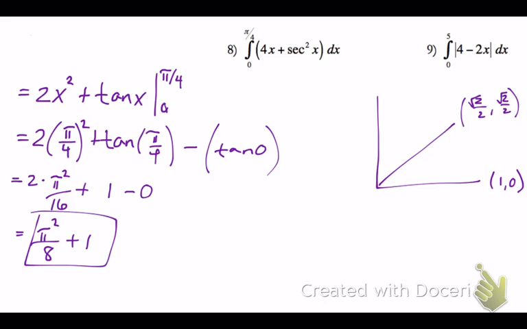So let's look at number 9. Now, I want you to talk about number 9 first to see if you think you know how to do it, and then I'll tell you the way that I would do it if I were you. So I'm going to say 30 seconds.